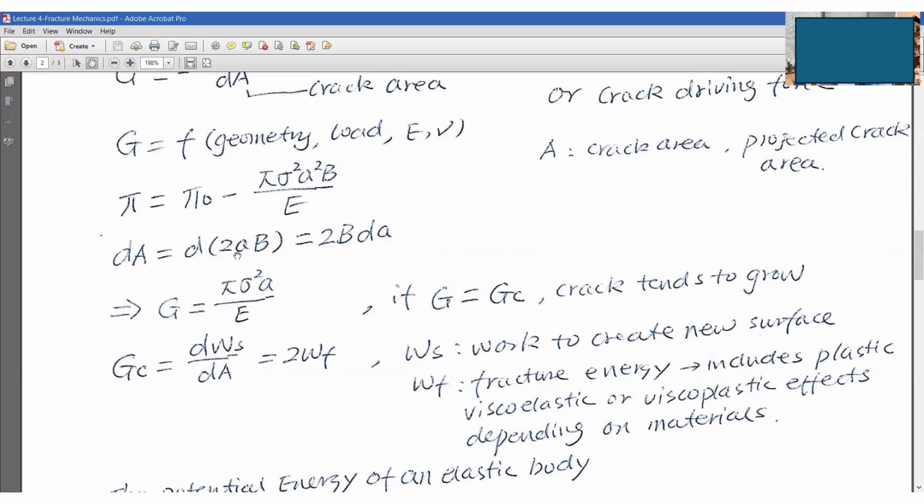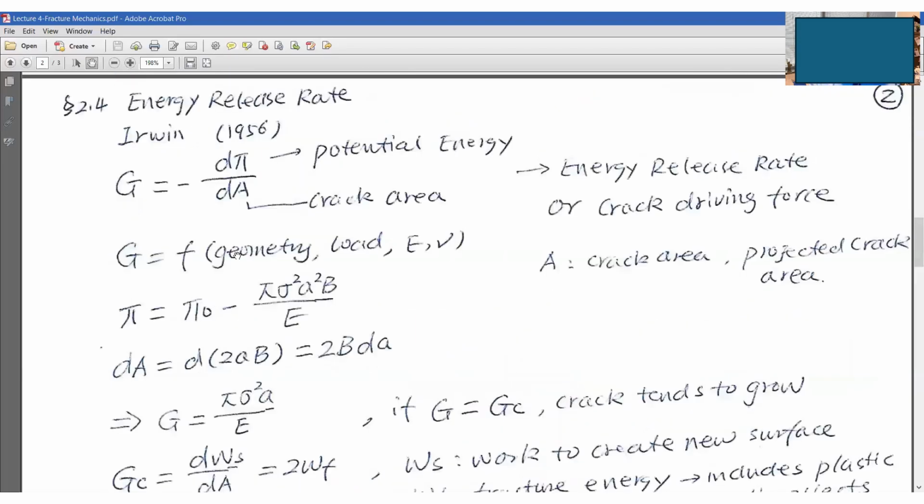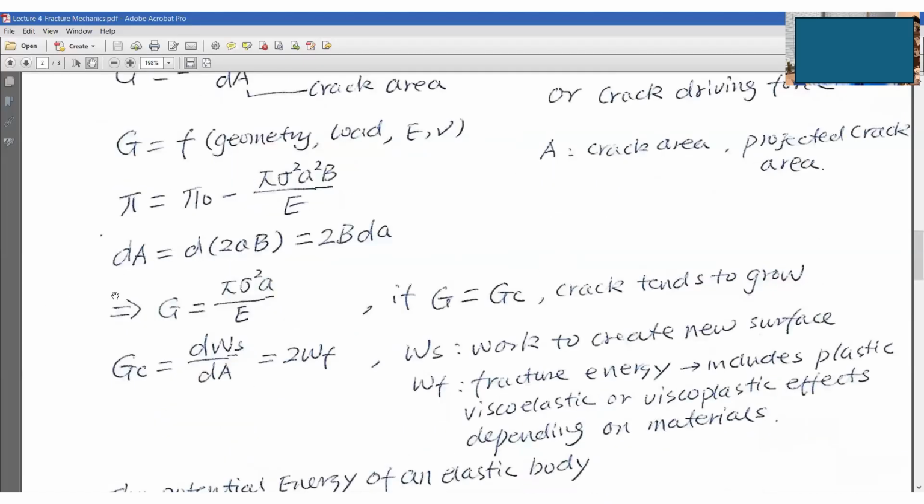This is a through thickness crack, so the area equals 2a, the crack length, multiplied by the thickness B. So dA can be written as 2B da. Since we are thinking about the energy release rate associated with the crack length, a is changing while B remains constant.